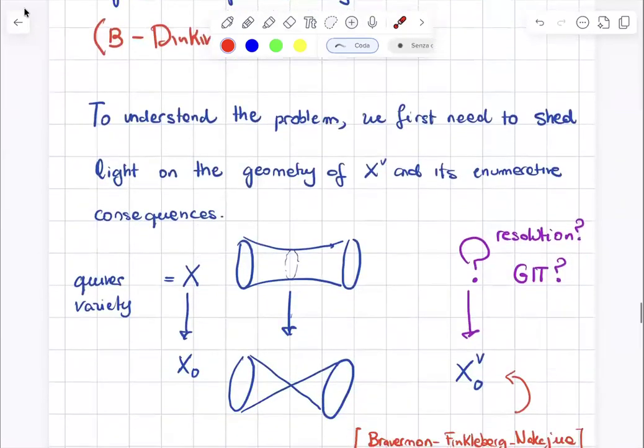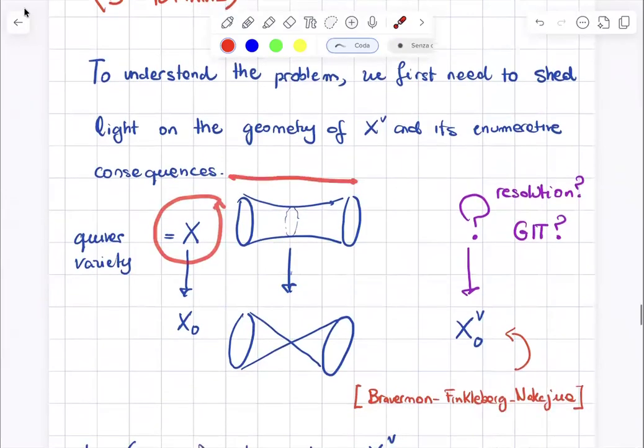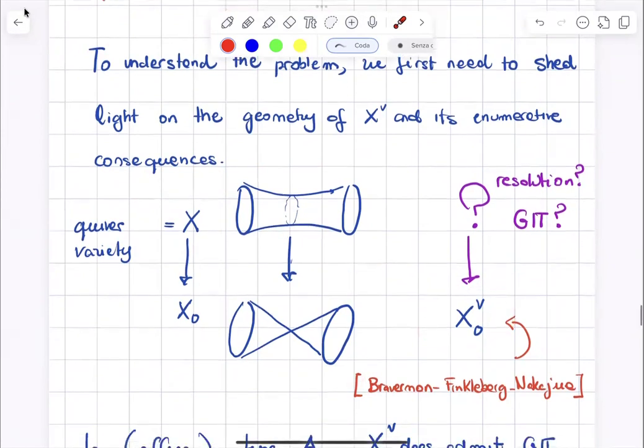In general, if I'm given a quiver variety, because of the GIT presentation, the quiver variety will have a singular version, just the quotient with respect to the trivial stability condition, but it will also come with a resolution. So this is like the case of T*P1, where we are blowing up a point. As soon as I look at the Coulomb branch, to be honest, and of course I'm supposed to be honest here, there's no resolution in general.